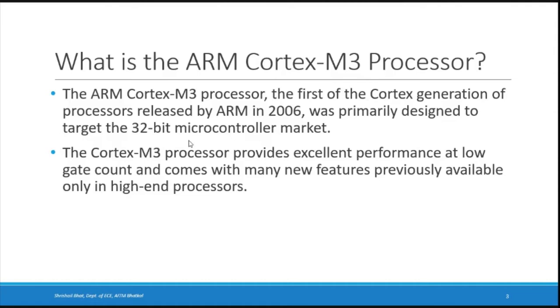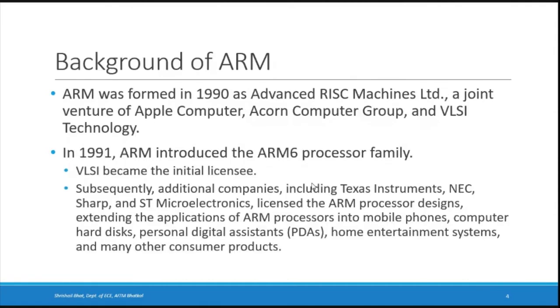This Cortex M3 provides excellent performance at low gate count and comes with many new features which were previously available only in high-end processors. So high computing facilities were available at a lower cost with the introduction of this Cortex M3 processor.